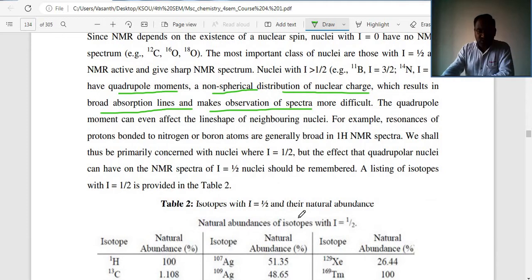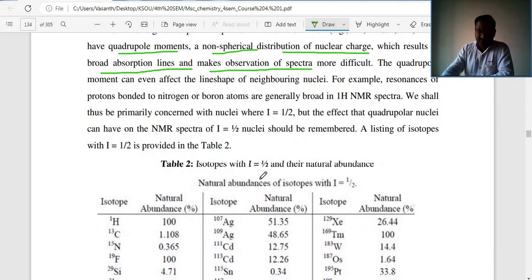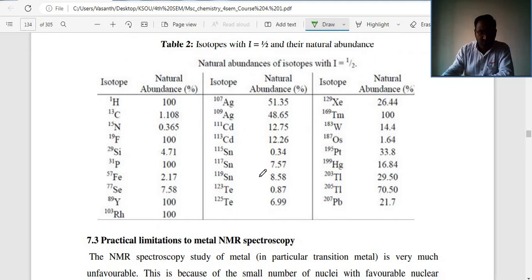Some of the isotopes with spin are mentioned in the table too.